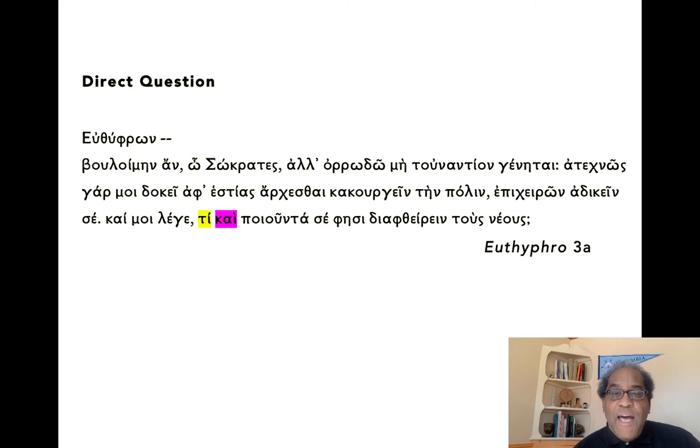So this kai asks for this additional information, placed as it is after the interrogative. Ti kai poiounta se phesi diaphtheirein tous neous. And what is it doing that he says that you are corrupting the youth? So again, I like this one simply because it takes us into Plato and the Euthyphro, but this placement of the kai after the interrogative.